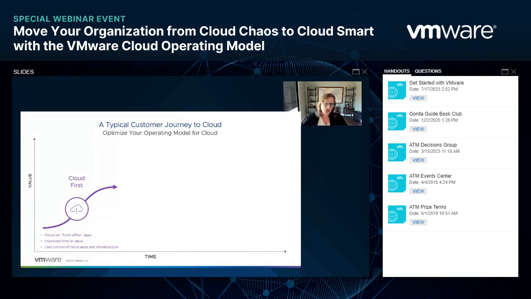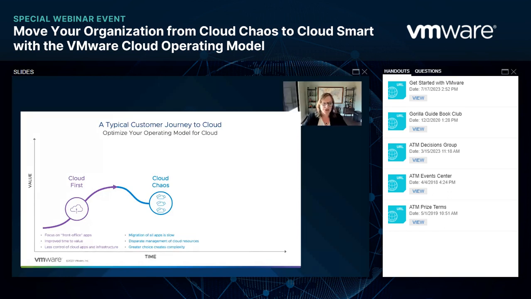But what happened was that more cloud did not necessarily equal more value. As our customers started to adopt more cloud services across more cloud hypervisors and different types of cloud services, we found that those early successes slowed down considerably, and their environments became much more complex.